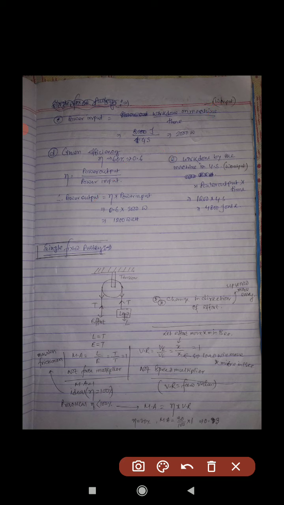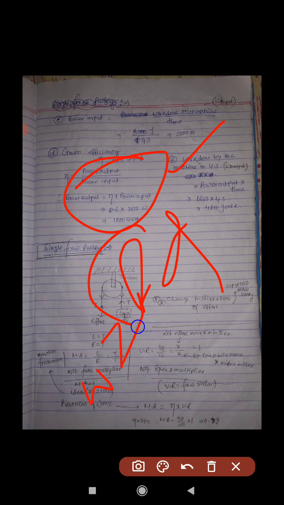So for work done by the machine, whatever value has been given, by using that value we have to calculate. Understand students, there are several formulas. For work done by the machine, we can apply load into displacement. The work done is W is equal to F into d, force into displacement. So force here is load and displacement of the load, but that value is not given.